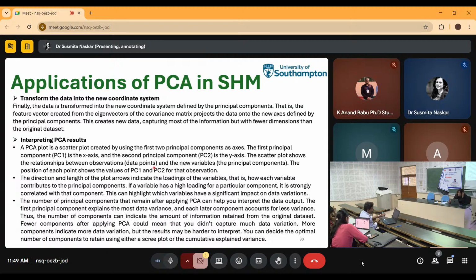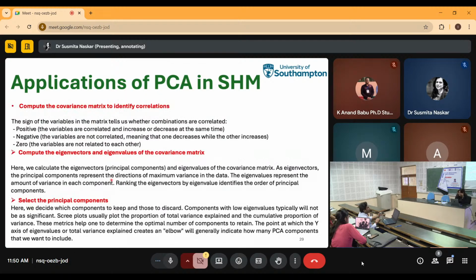And then after standardizing, we transform the data into the new coordinate system, okay? Finally, the data is transformed into the new coordinate system, which is defined by the principal components. These are the final vectors created from the eigenvectors of the covariance matrix, which we have calculated here, right?